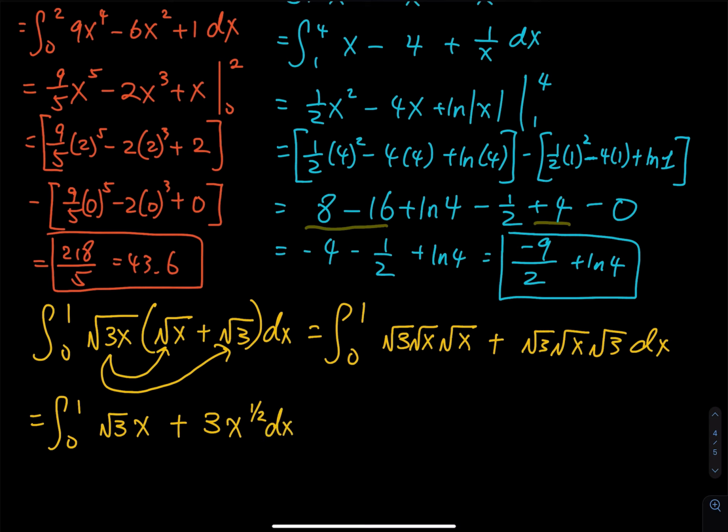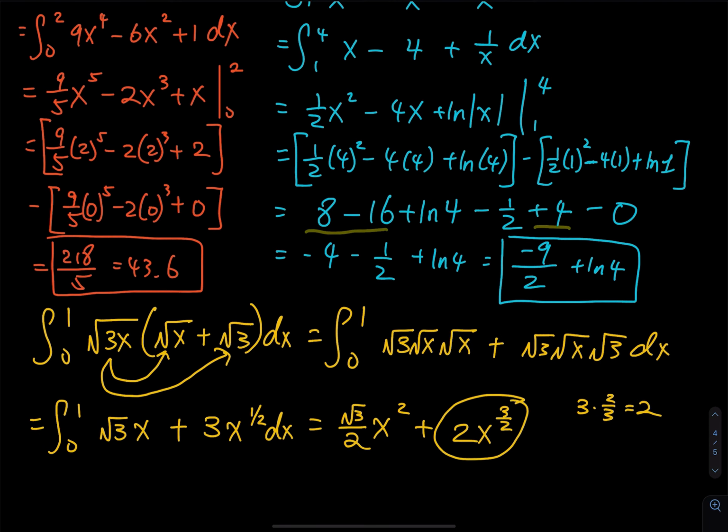All right, so now we are ready to integrate, and this is x squared, right? So we have root 3 divided by 2, and then plus, 1/2 plus 1 is 3 over 2, and then you have 3 times 2 over 3, that is equal to 2. If you take the derivative of that, bring the power down, that brings you back to 3 times x to the 1/2.